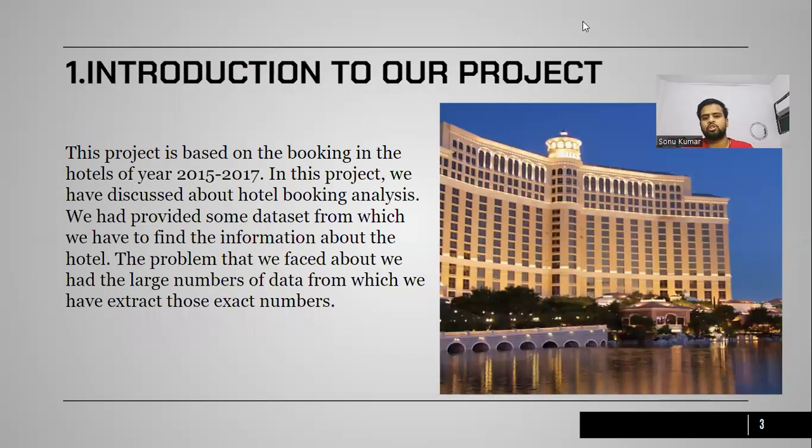So, introduction to the project. In this project, we have discussed the bookings done in the years 2015 to 2017. In this data set, we had a number of columns. We had 32 columns, which gave information about the customers who booked the hotel.